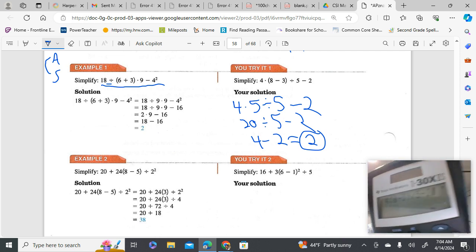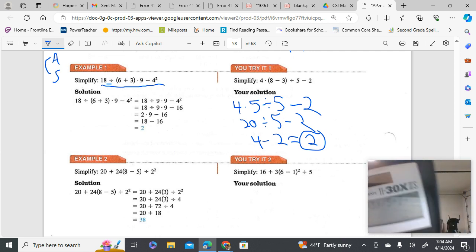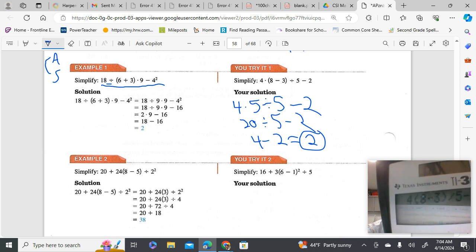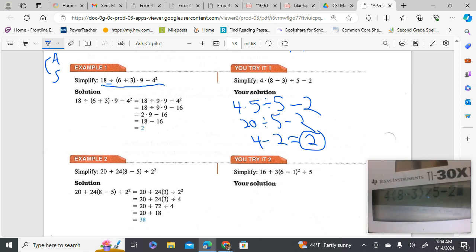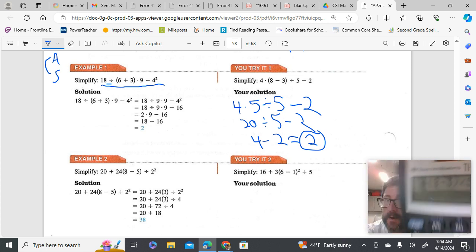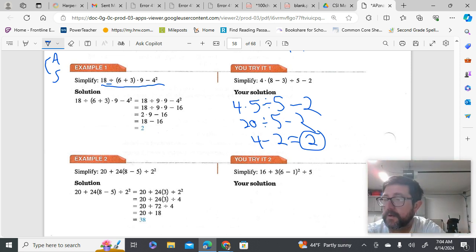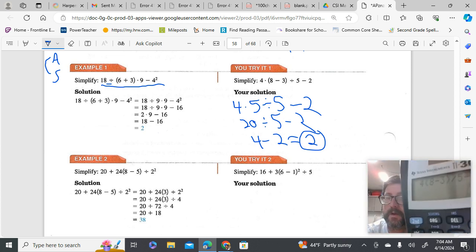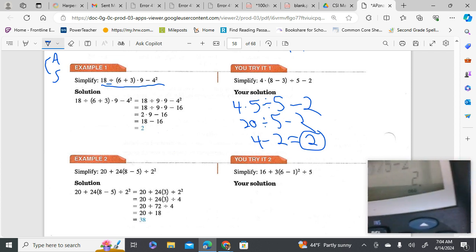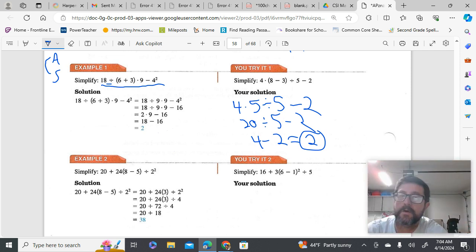Okay, so I've got that equation put into my calculator. Now I hit equals, and the answer is 2.